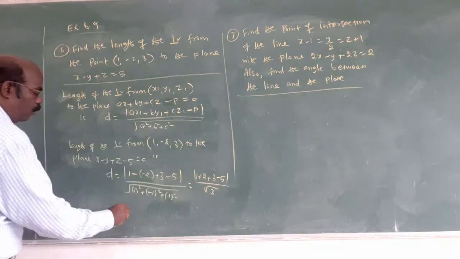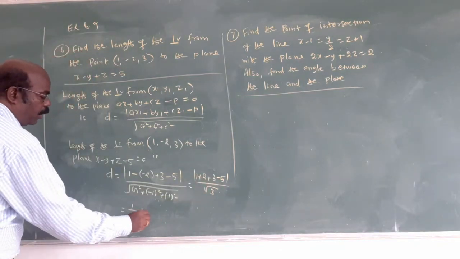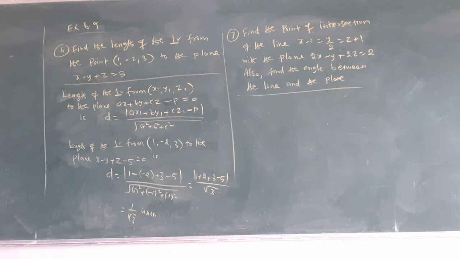Modulus of 1 is 1. So 1 by root 3 units is the answer. That's it. Only by using a small formula, we get the answer.